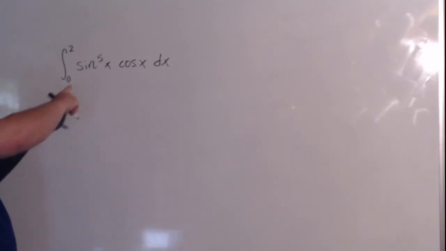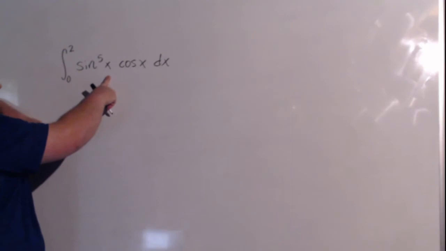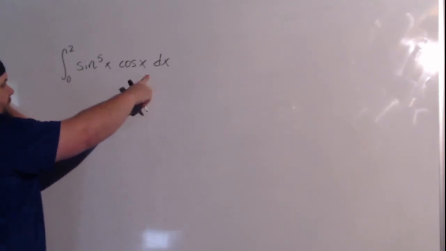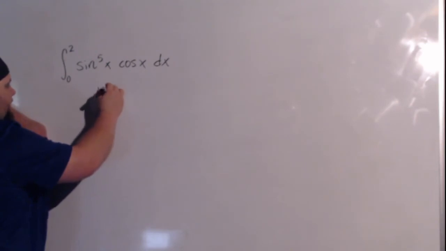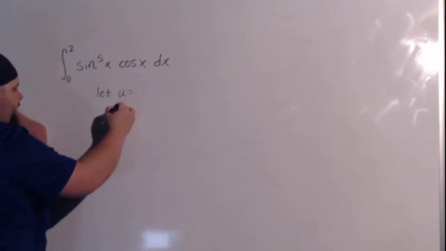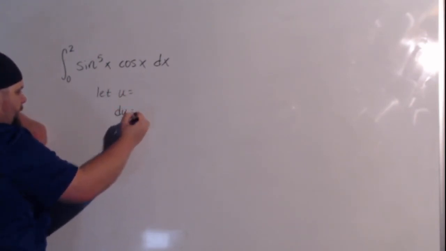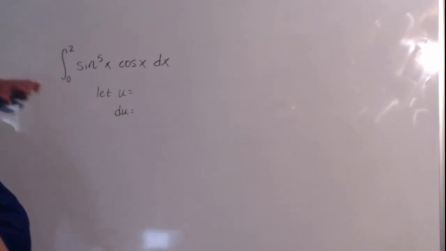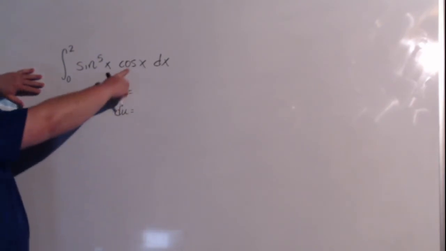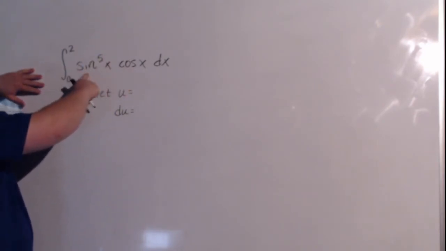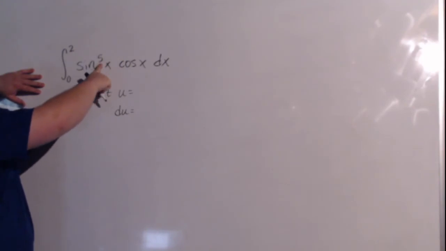So sine to the 5th cosine dx. I'm hoping it is clear to you which one to choose for u. All right, we have to have a function and a derivative there. So yeah, technically the derivative of cosine is minus the sine, but we have 5 of them, not just 1.